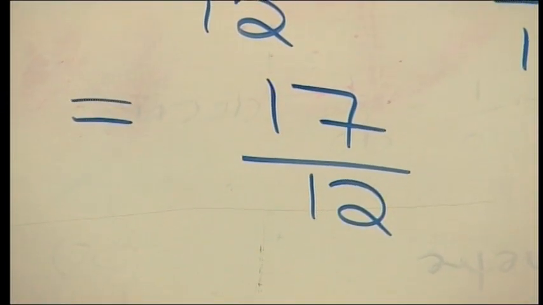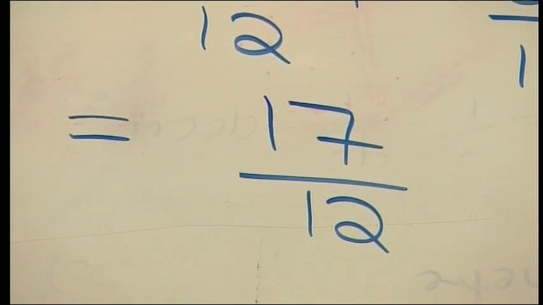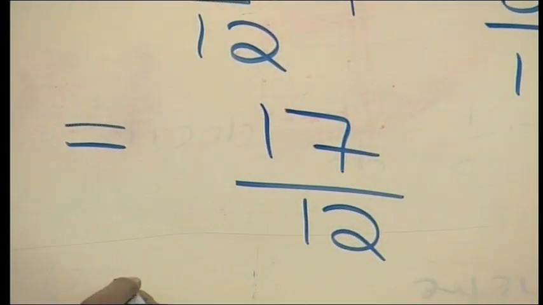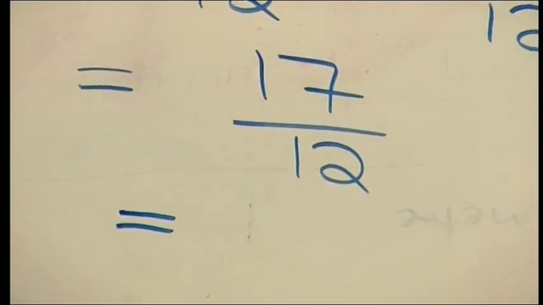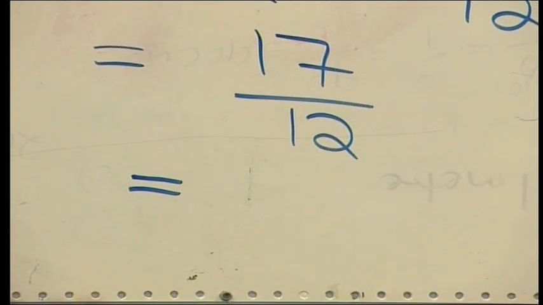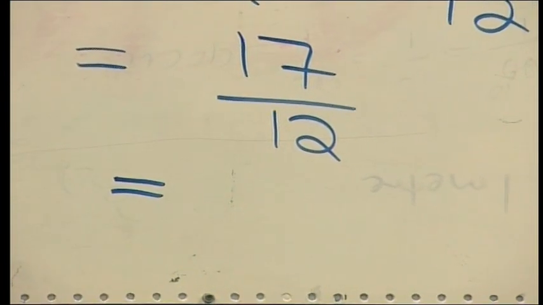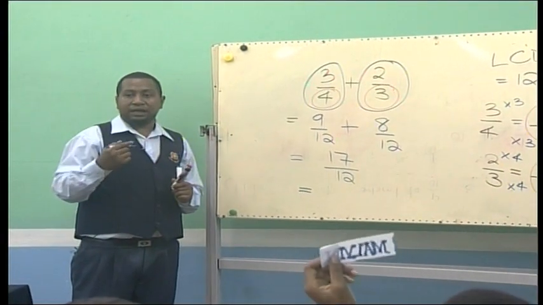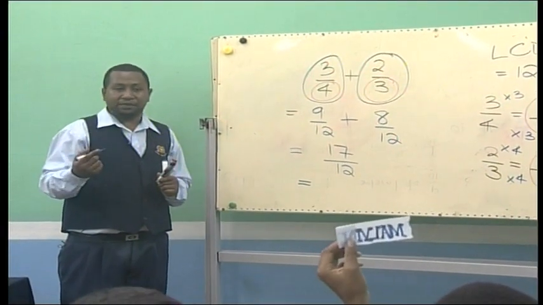But our question says we have to have our fraction in its simplest form. So we are going to make the fraction become a proper fraction. Or we can say we want our number to be in a mixed fraction or mixed number.